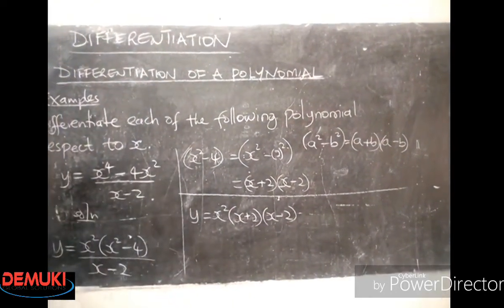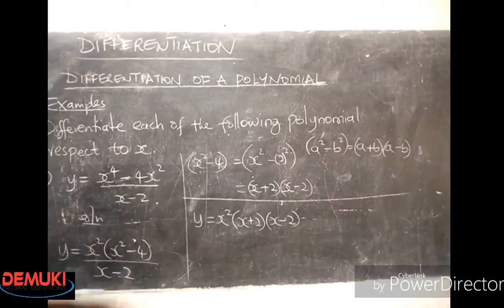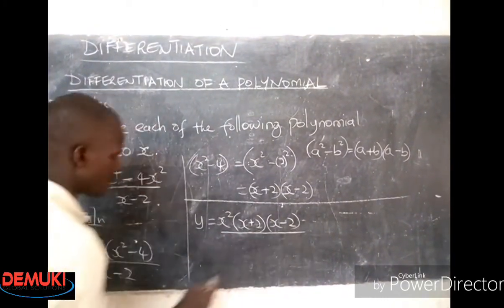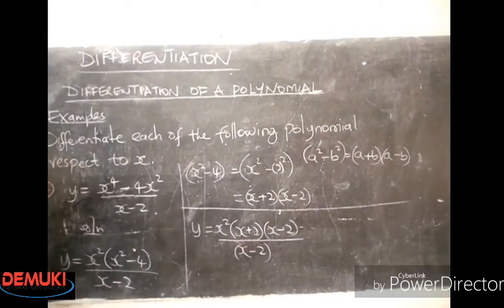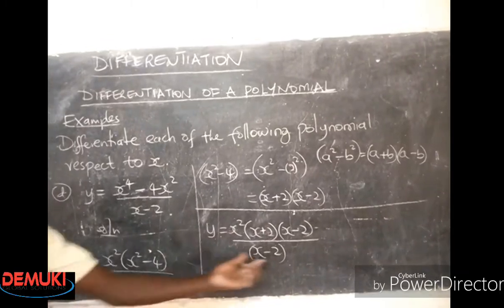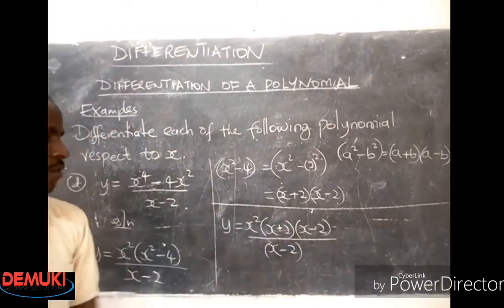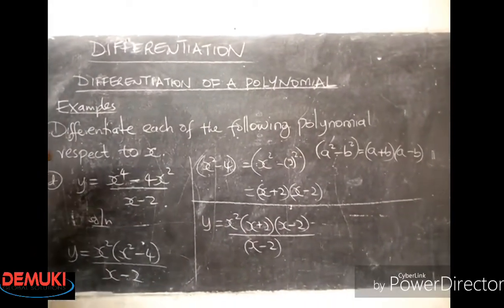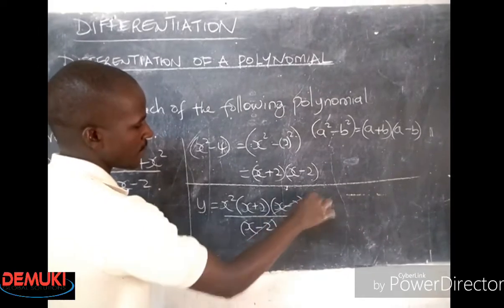Good. Then all over x minus 2. So I have this here, then this one down here, then this one I have substituted for this one, which is correct. Now I can divide: x minus 2 by x minus 2 is 1.